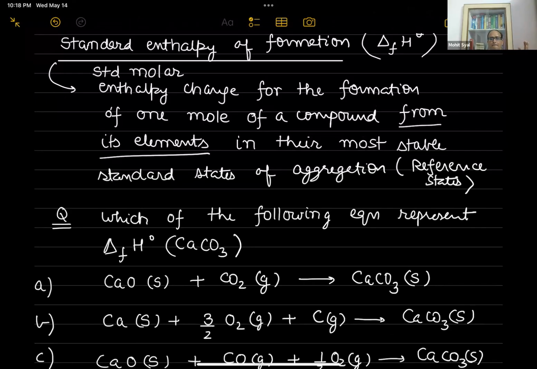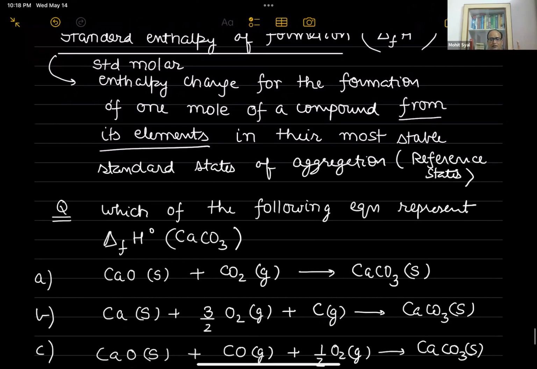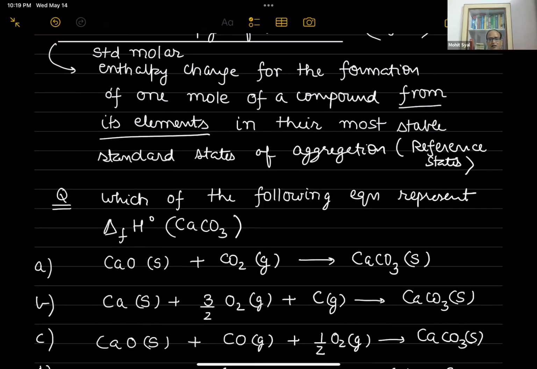But you need to get back to the definition. Read the definition very carefully. So which equation can be used to represent the enthalpy of formation of 1 mole of compound? Molar means 1 mole. Do remember that.